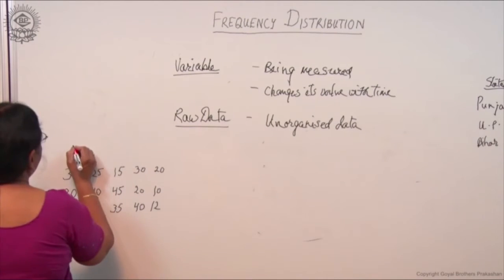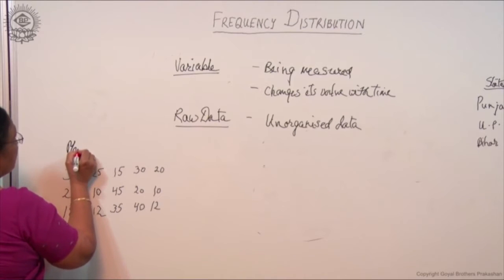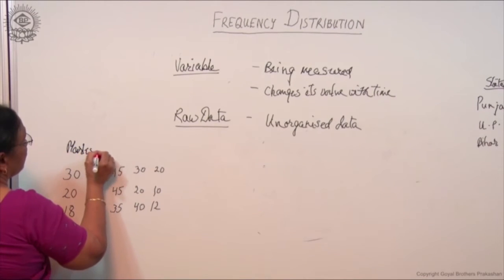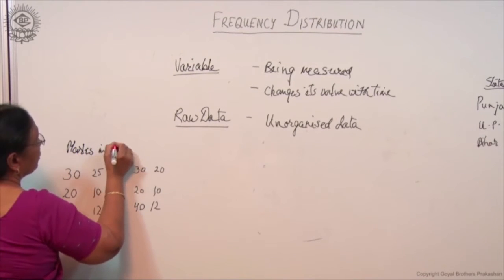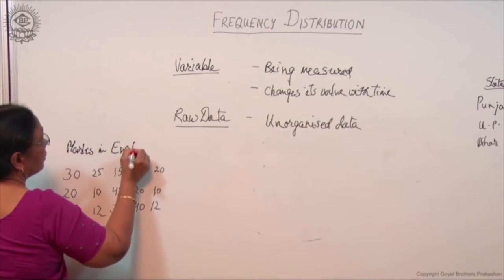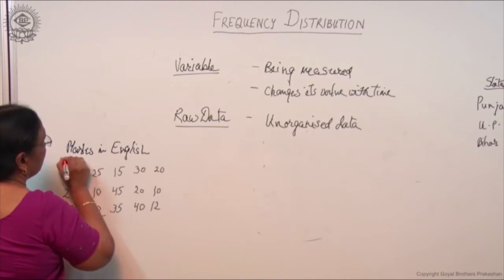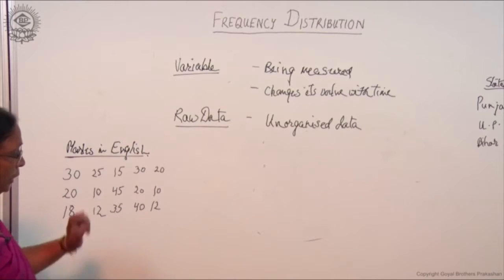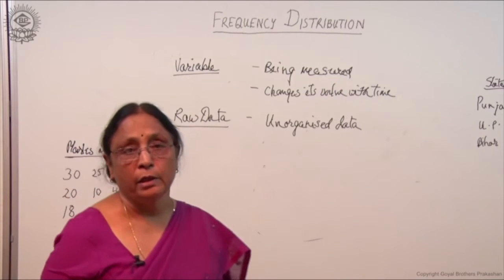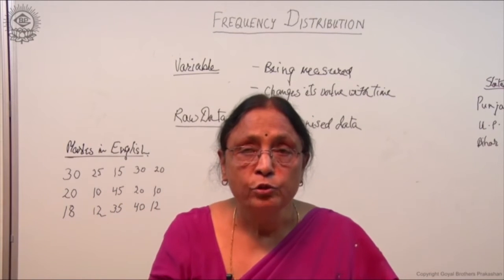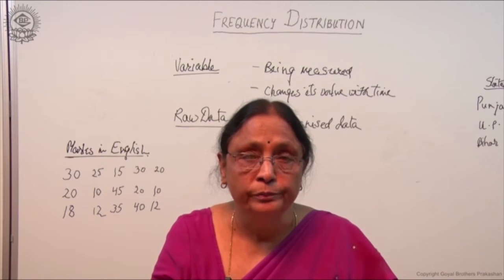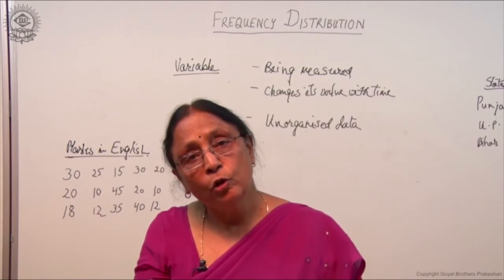This is marks in English, right? Now this is the raw data. When you arrange the data, because raw data has to be arranged in a systematic order, what is that systematic order?